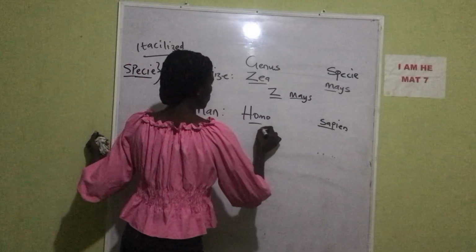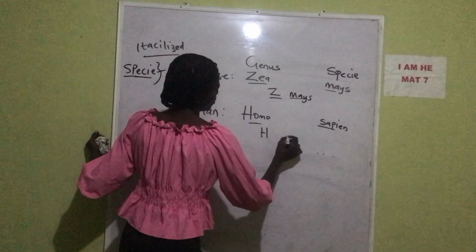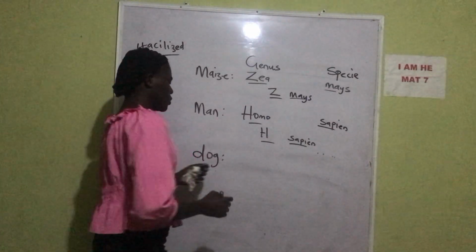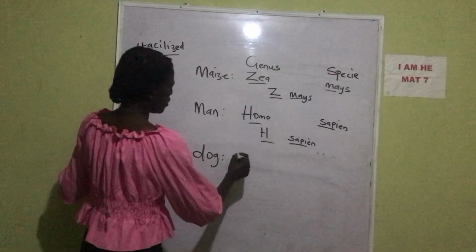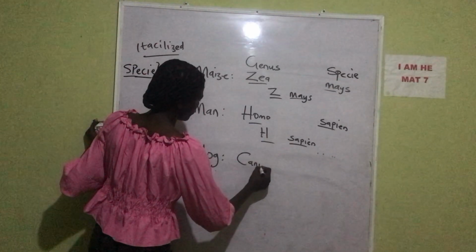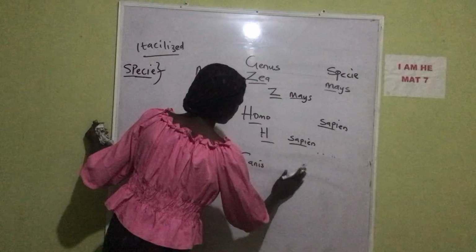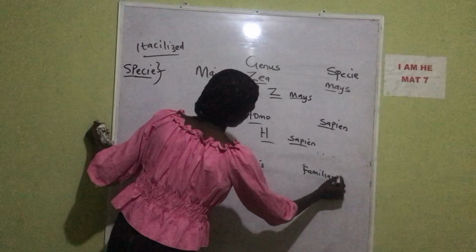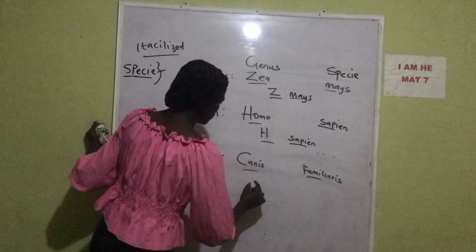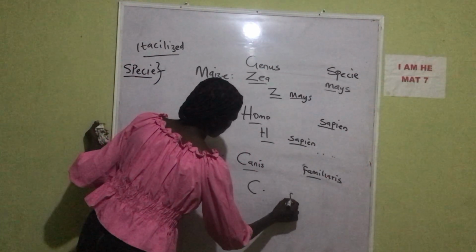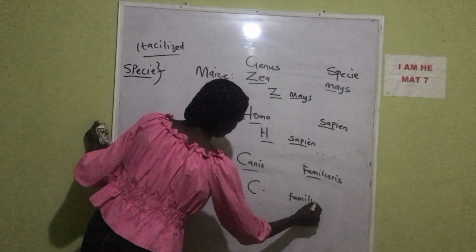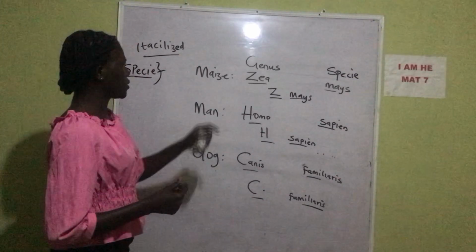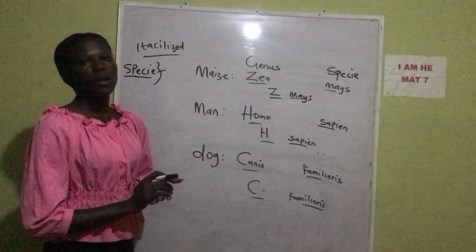You underline it, or you write H. sapiens. We have dog, that's Canis familiaris. You can write it as C. familiaris. So you understand this now. This is what we call binomial nomenclature.